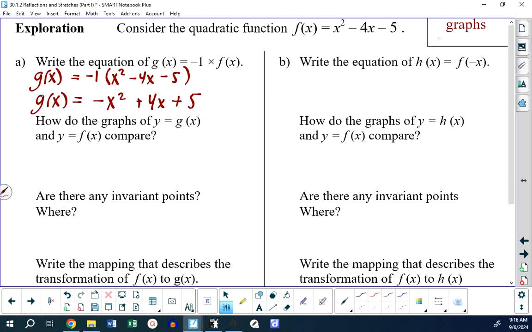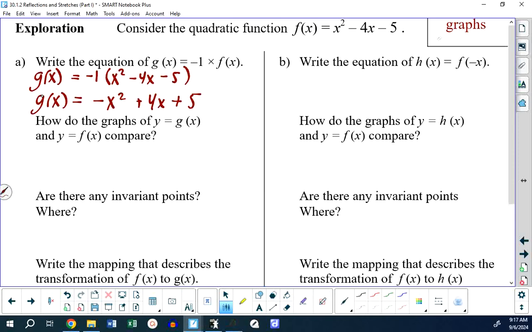Okay. While we're doing that, let's do the same kind of thing over here. We're in that mode of doing some algebra. We'll worry about the graphs later. So what is this saying? This is saying we want h of x equals f of negative x.